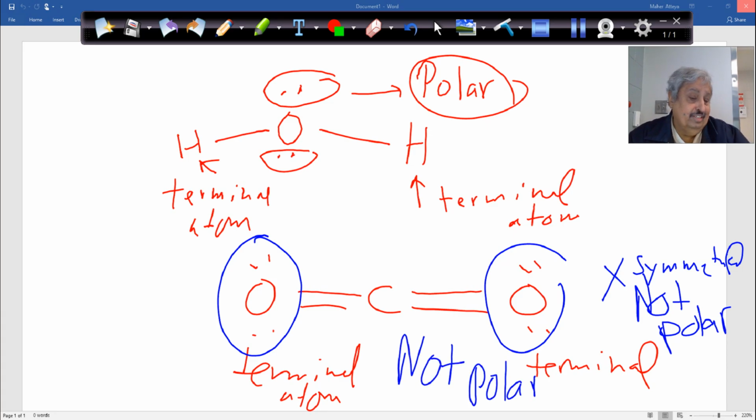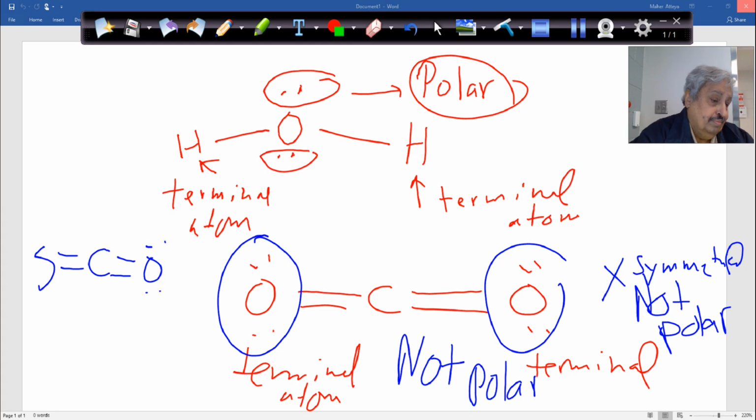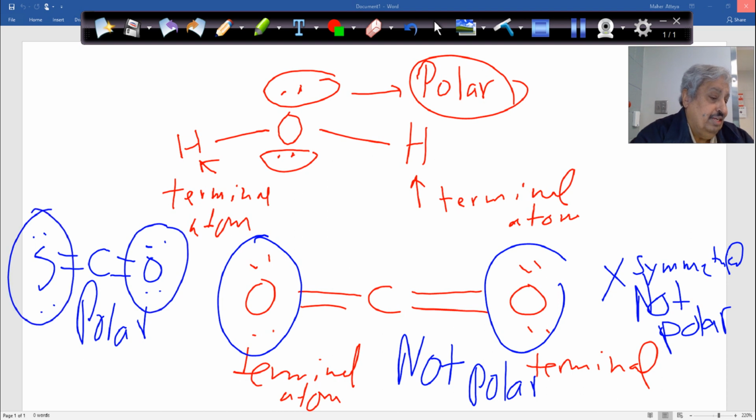But if I change the oxygen to sulfur like this, this is polar now. Why? Because this is not identical with this. The dipole will be, the oxygen is more electronegative, pulling this way. Carbon is almost the same, so there will be no pulling.